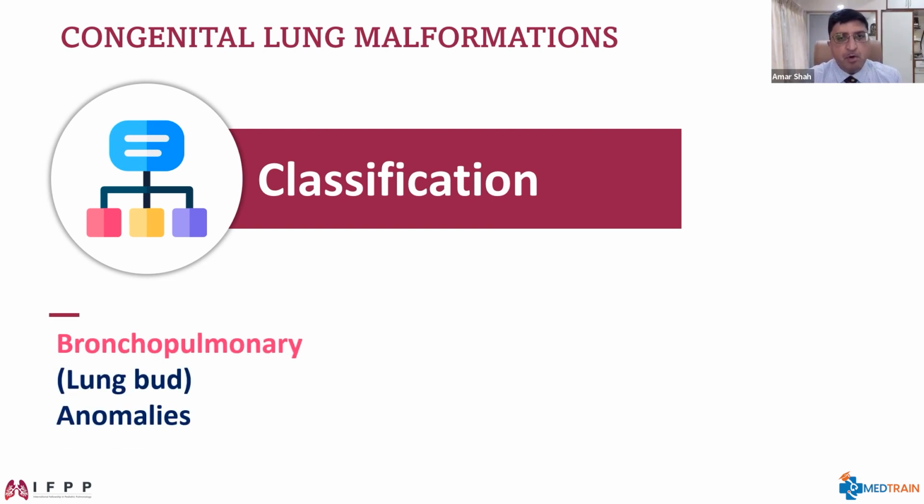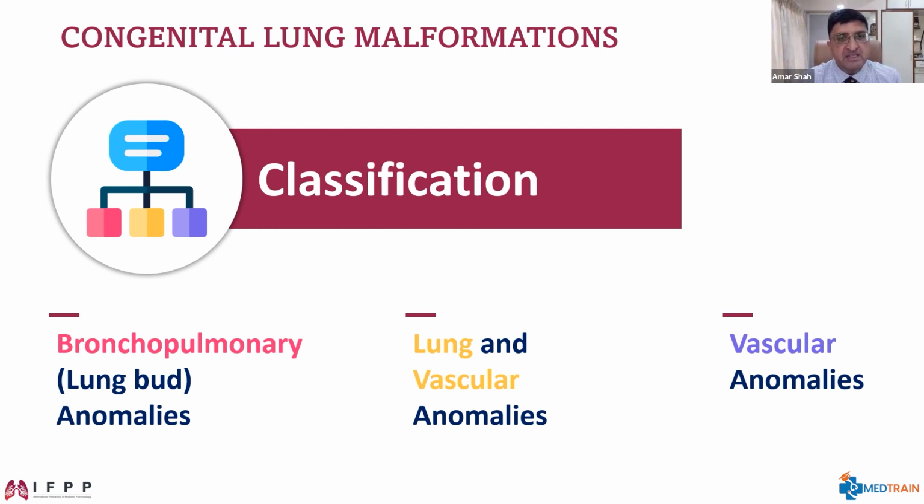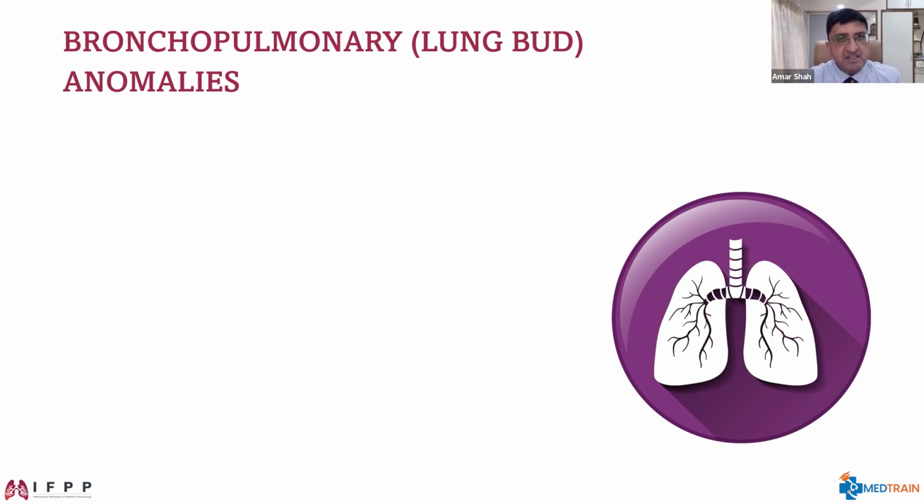The congenital lung malformations can be classified into 3 broad categories. The first is bronchopulmonary or lung bud anomalies. The second is lung and vascular anomalies. And the third is isolated vascular anomalies. The main chunk of anomalies would be the first group, the bronchopulmonary anomalies.